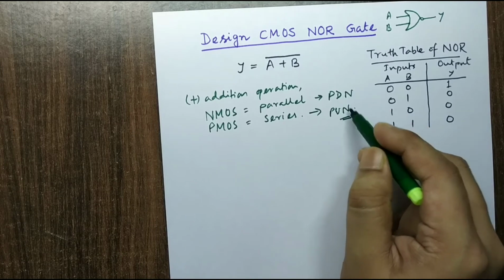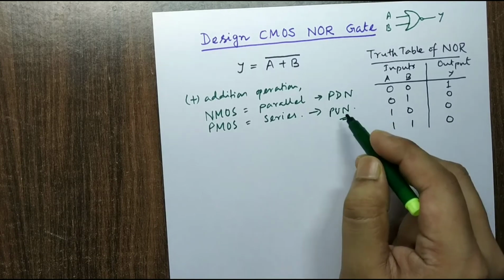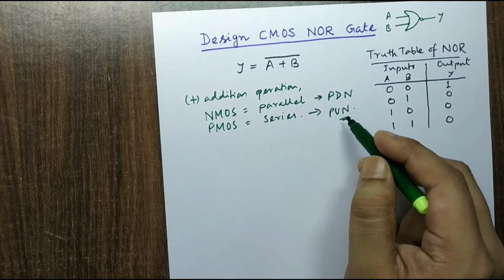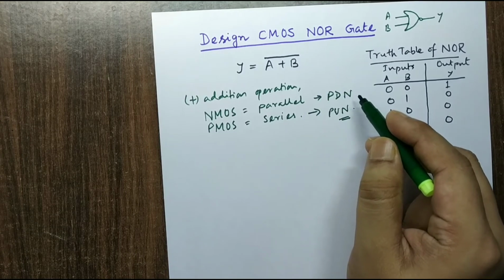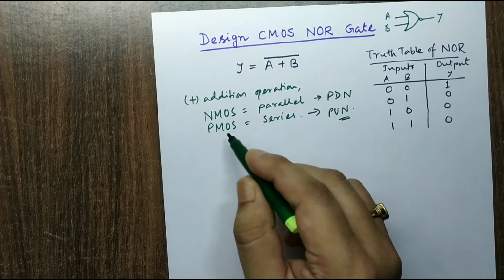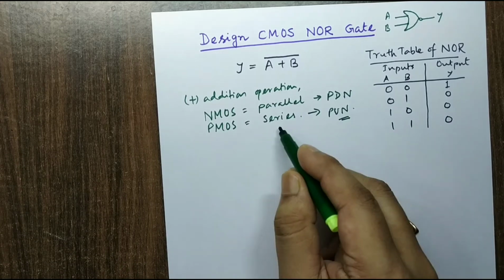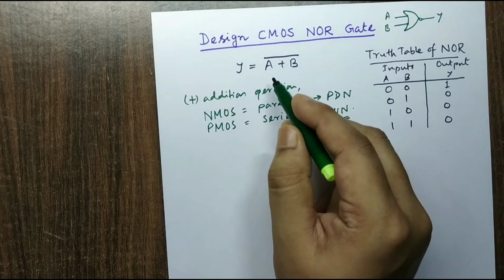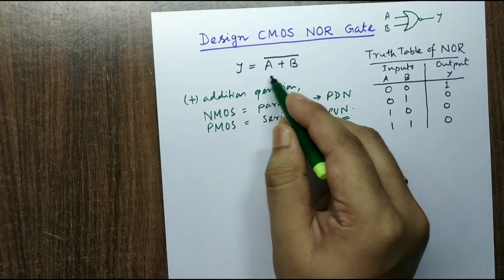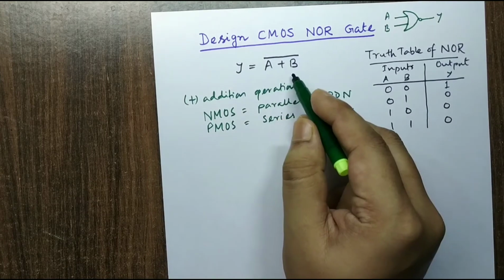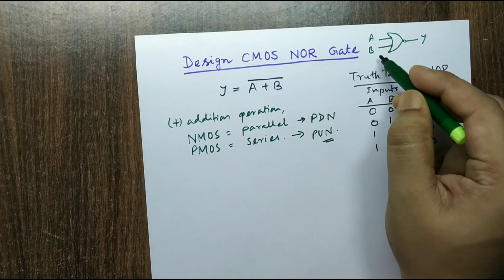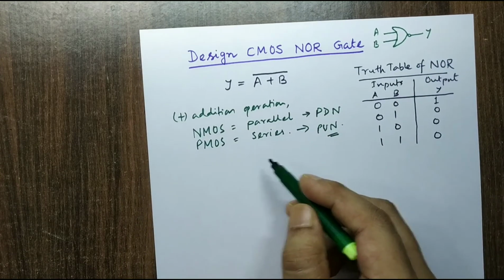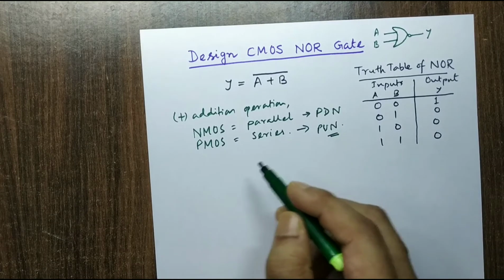So the pull up network is a cluster of PMOSes, and the pull down network comprises all NMOSes. If I want to draw the PMOSes connected in series, how many will be required? 2, because here 2 inputs are given, A and B. If there were 3 inputs, then 3 PMOSes would be required.